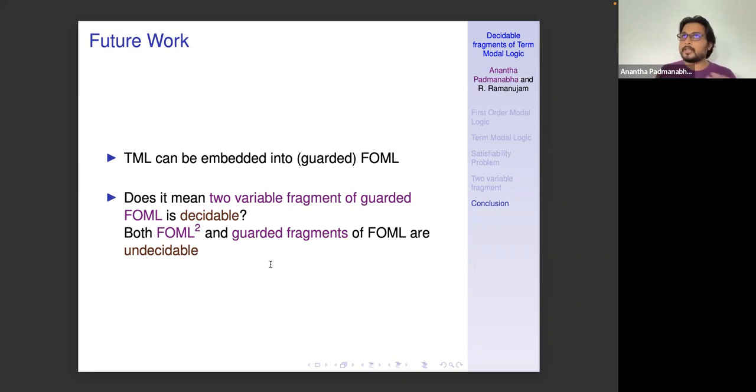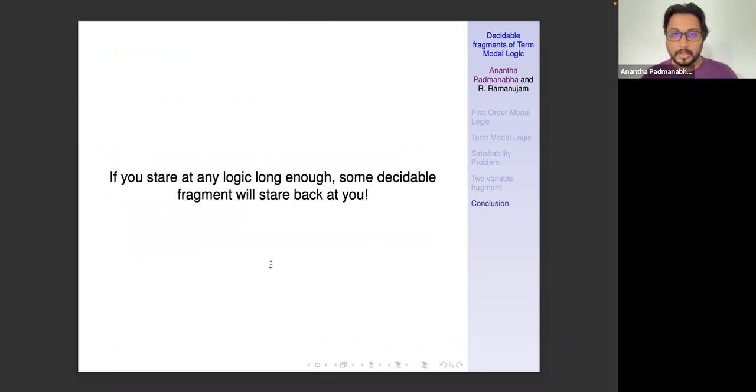But then you can ask, where is the borderline? Does that mean the two variable guarded fragment of FOML is undecidable? And more importantly, can the tools and techniques that we have developed for proving that two variable TML is decidable be used for proving that the two variable guarded FOML is decidable? That is open yet, and that needs further exploration.